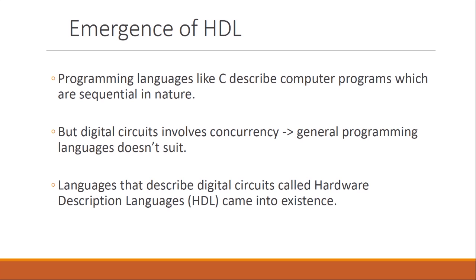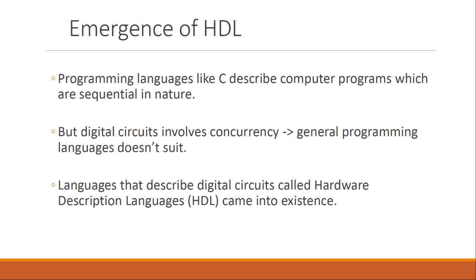So now we'll briefly look at how HDL emerged. If you consider programming languages like C, they describe computer programs which are sequential in nature. So things happen one after the other.